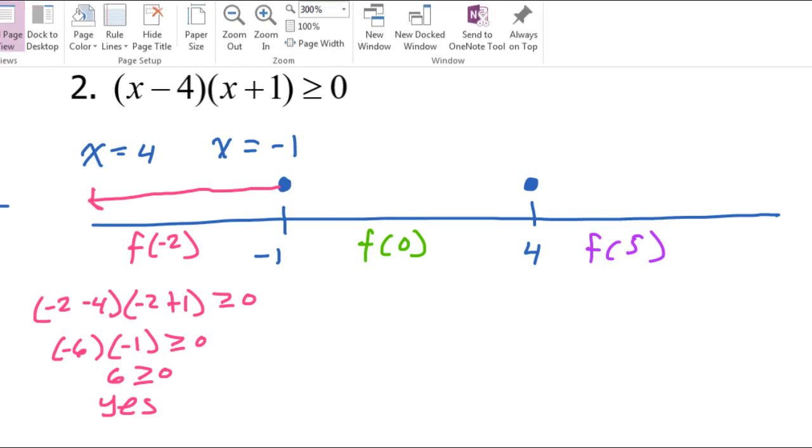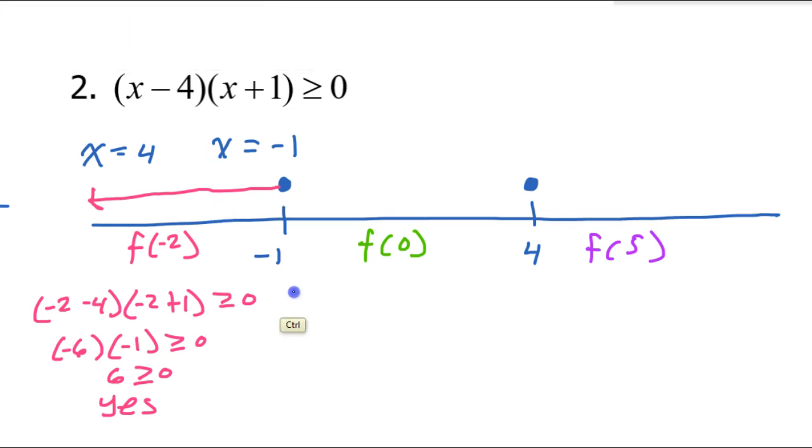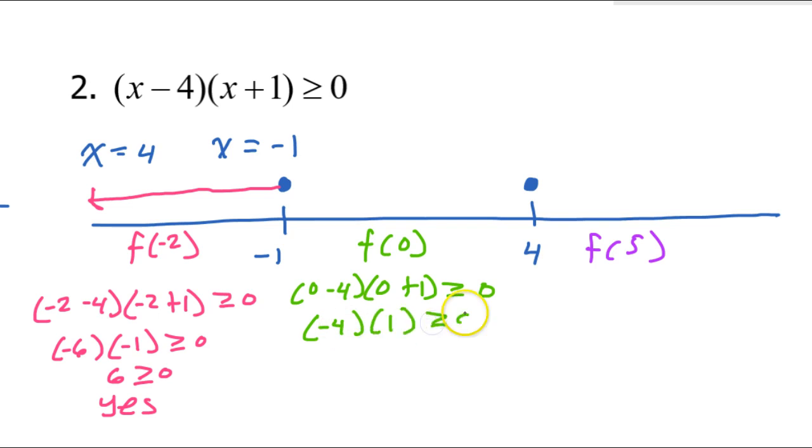All right, now I will check 0. So that would be 0 minus 4 times 0 plus 1 is greater than or equal to 0. Well, that's just negative 4 times 1. So that's negative 4 is greater than or equal to 0. That's false. That's a no. So I have no solutions in the middle interval.